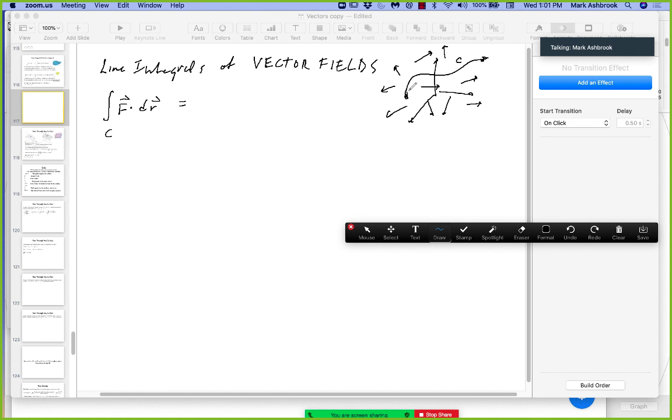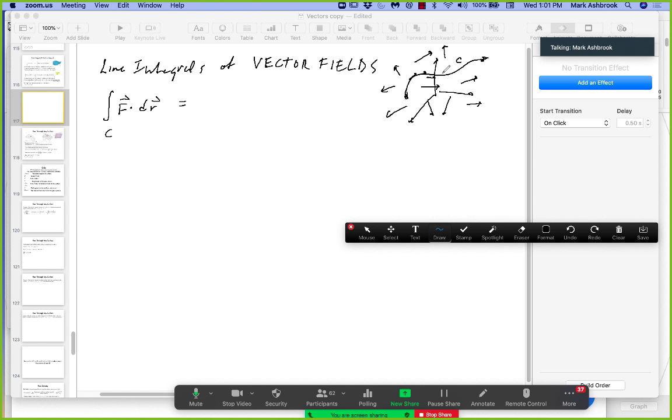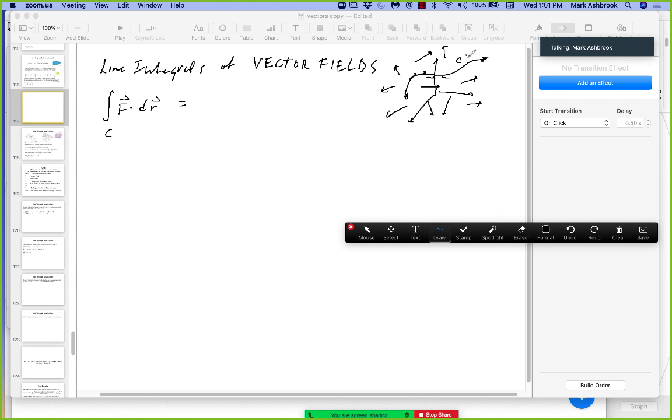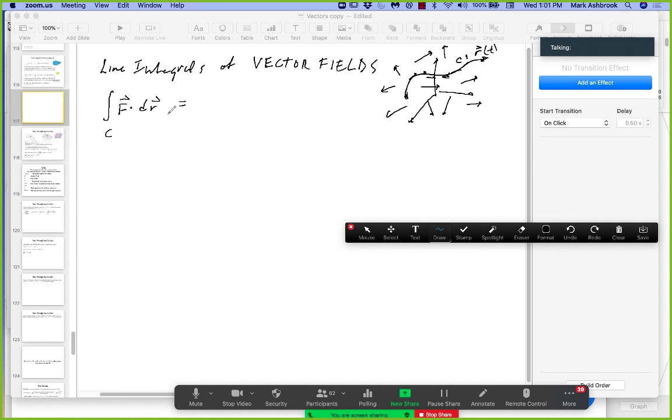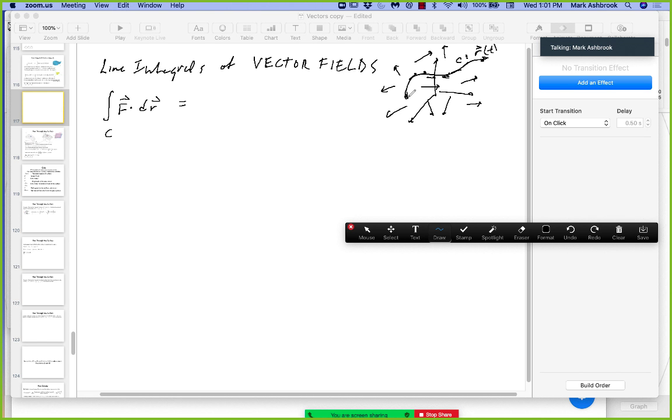So dr would be little vectors parallel to the curve. Because we know that c is defined, r is a function of t, so dr would be like little parallel vectors. And so by doing f dot dr, we're taking the components of f in the direction of dr. Whatever the vectors are along c, we want as much of those vectors as is in the direction of the curve, times an infinitesimal length of the curve.